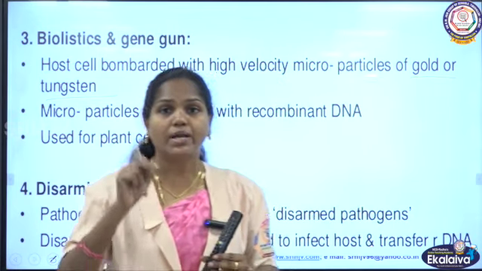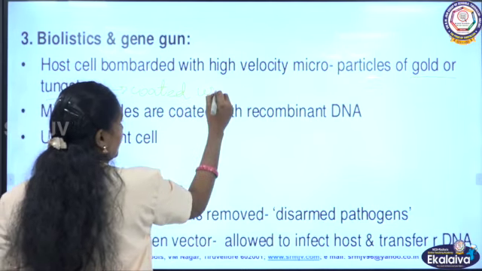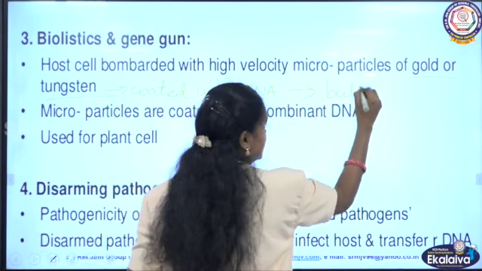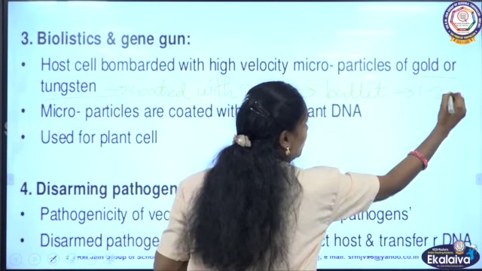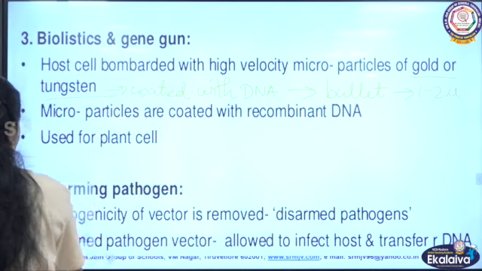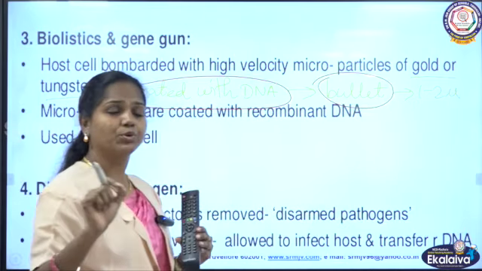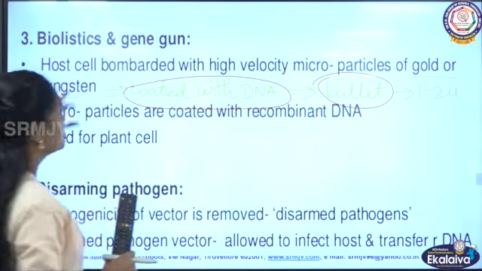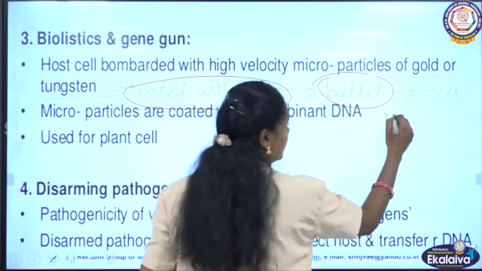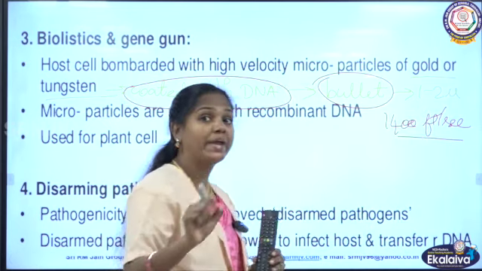The DNA-coated gold or tungsten particle acts as a bullet, which measures about 1 to 2 microns in size. Using this gene gun, it has to be shot at a host cell with a speed of 1400 feet per second. The speed has to be maintained properly.